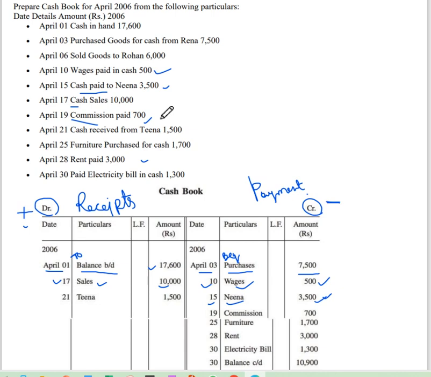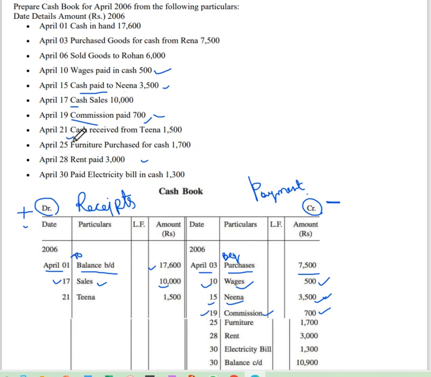When we are paying salaries, rent, commission or anything, we are paying mostly using the cash format only. So here commission is paid unless they have mentioned a bank. But they have not mentioned a bank, so we are considering this as cash. So commission paid 700 rupees on April 19th.